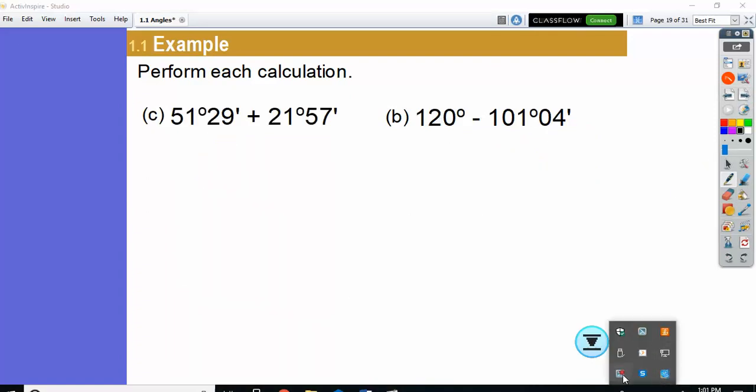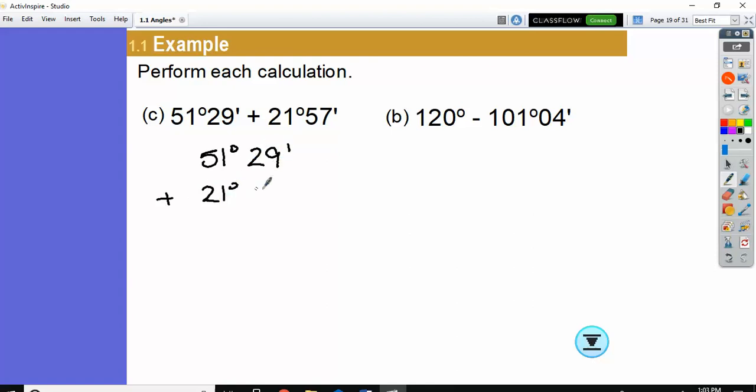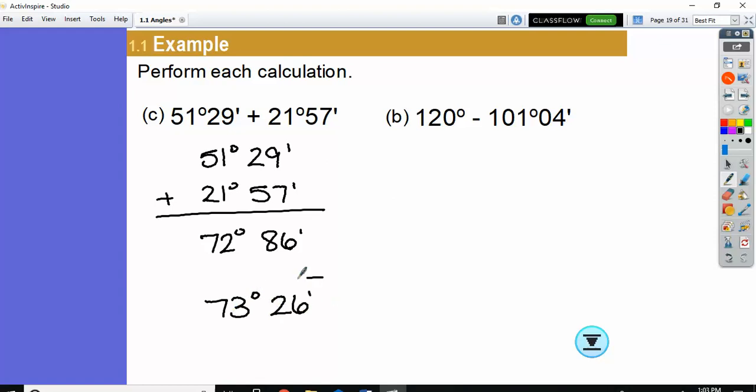You guys try a couple. So the first one, if you add your minutes, 29 plus 57 is 86. 51 plus 21 is 72. Are we done? No. Take 60 of those minutes and move it to a degree, so you get 73 degrees, 26 minutes.